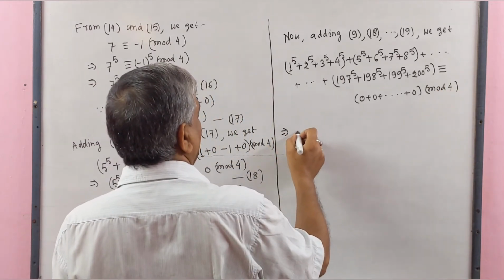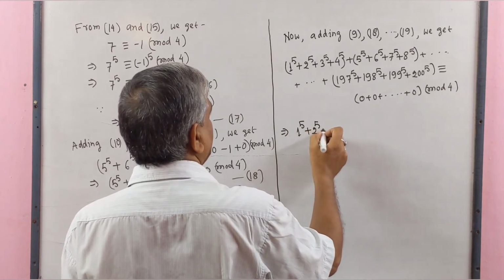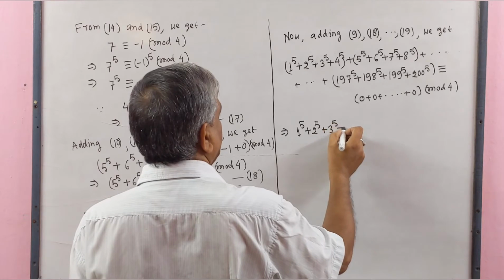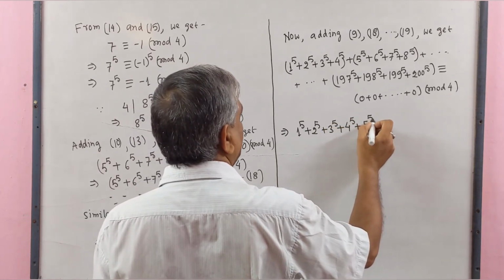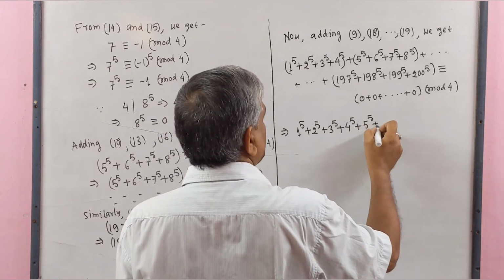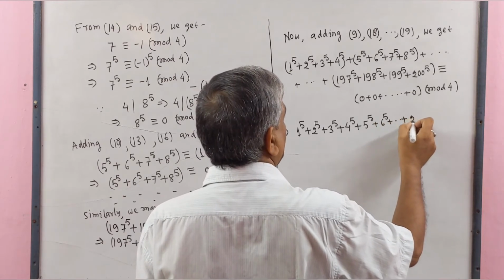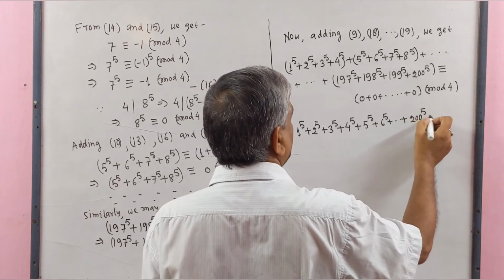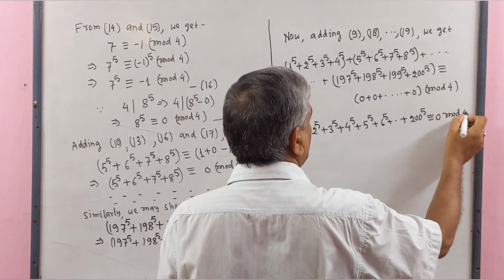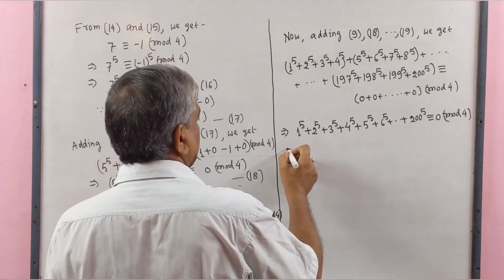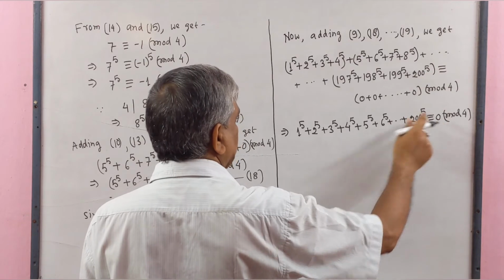Implies that 1 to the power 5 plus 2 to the power 5 plus 3 to the power 5 plus 4 to the power 5 plus 5 to the power 5 plus 6 to the power 5 plus and so on, plus 200 to the power 5 is congruent to 0 modulo 4. Implies that here remainder is 0.